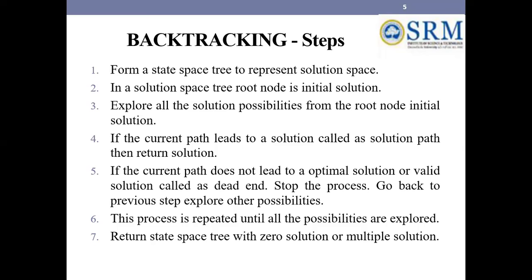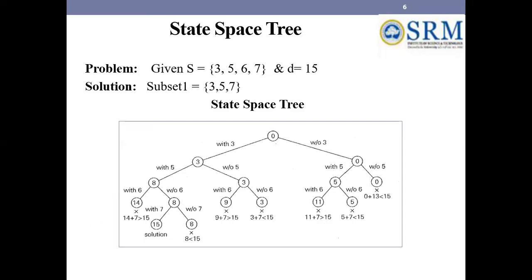This approach can be applied where there are many possibilities to find a solution, so you have to try all the solution paths to find the result. Finally, return the state space tree with zero solutions, one solution, or more than one solution. That is the basic concept of backtracking. And see the example state space tree.